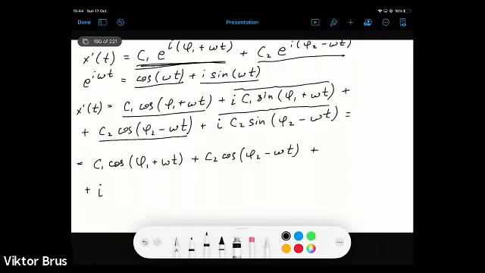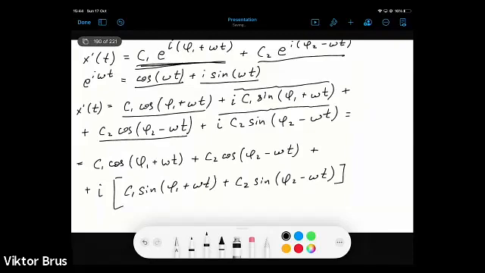So imaginary part, we have i and open square bracket. First our imaginary component is C1 times sine (φ1 plus ωt) plus C2 times sine (φ2 minus ωt).